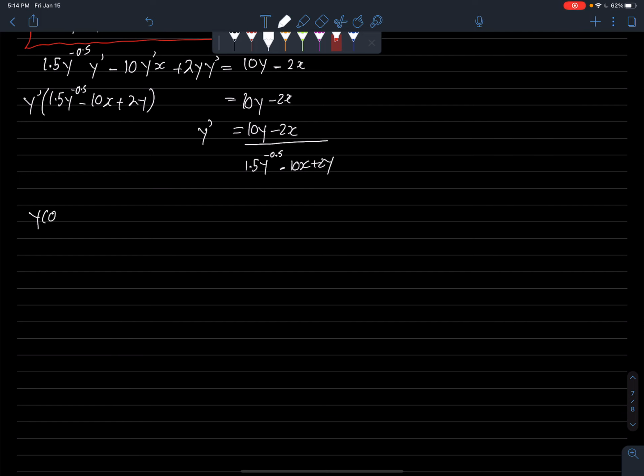Let's do y times cos of y is equal to sine x squared minus xy squared. Right, okay. We need to find y prime. We need to find the derivative of this function.